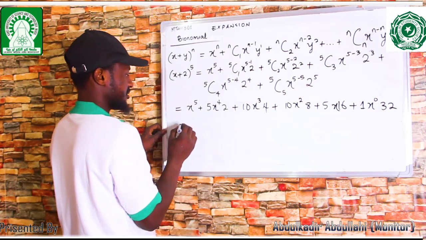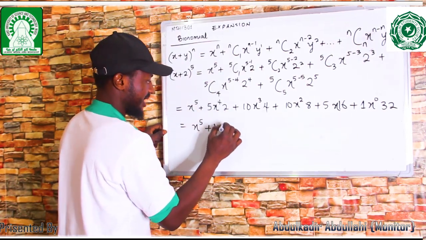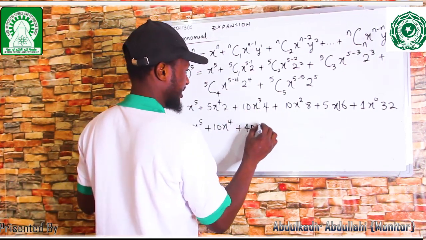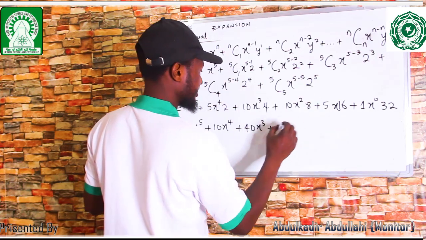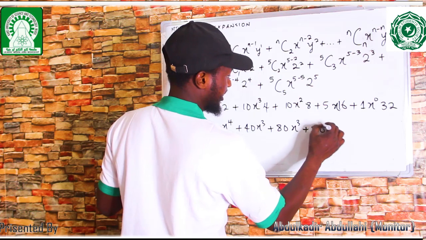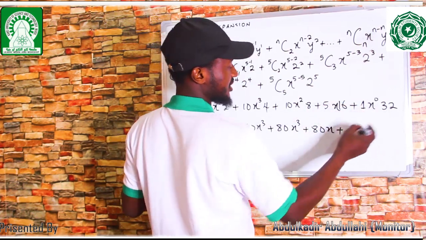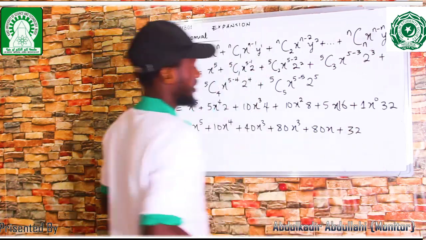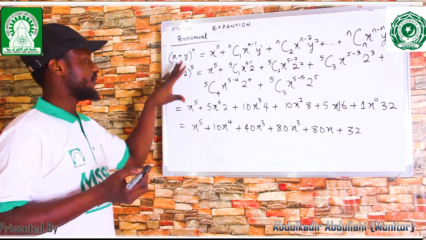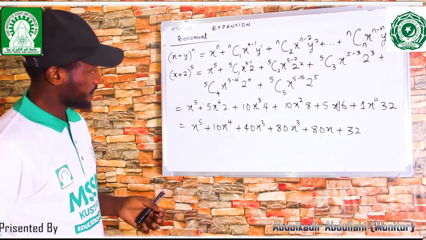So we solve: x power 5 plus 5 times 2 is 10, x power 4, plus 10 times 4 is 40, x power 3, plus 10 times 8 is 80, x power 2, plus 5 times 16 is 80, x, plus x power 0 is 1, 1 times 32 is 32. So this is the expansion of (x plus 2) power 5 using the binomial theorem.